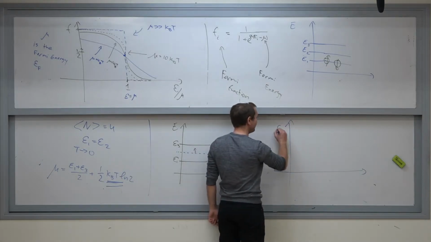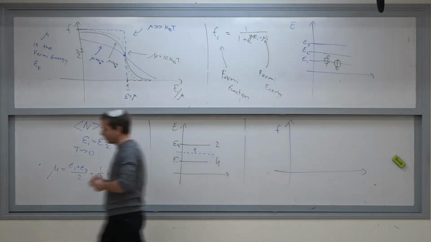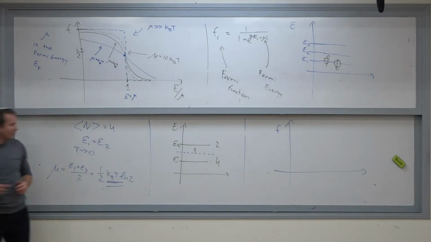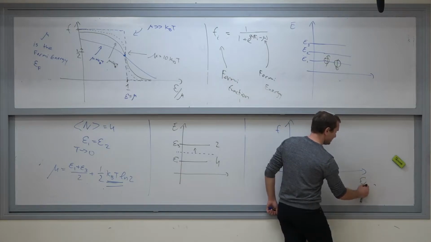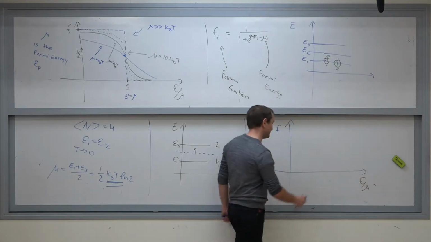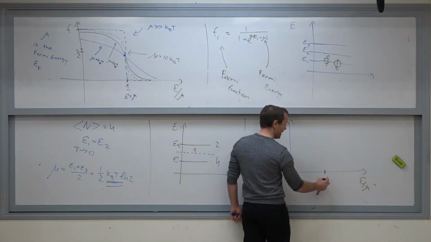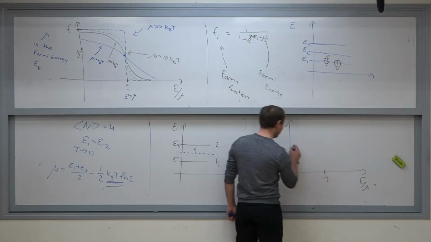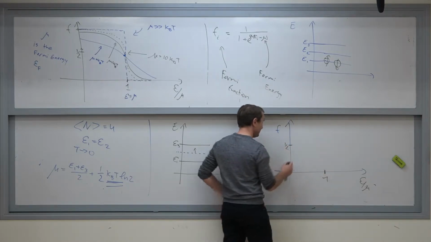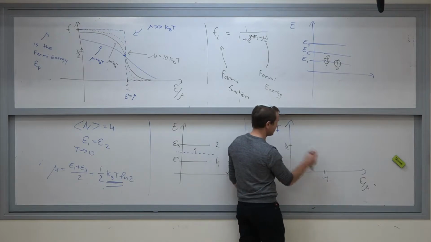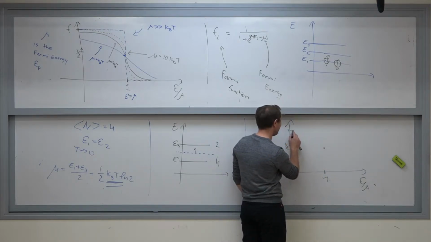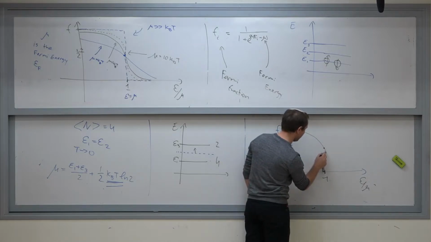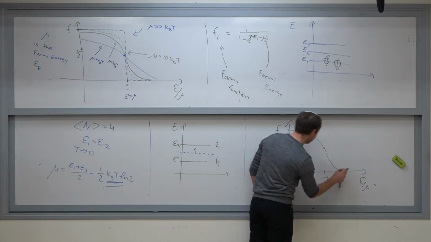So if you look at F as a function of epsilon divided by mu, and again, we have this 1 over here and 1/2 over there, and F goes something like this.